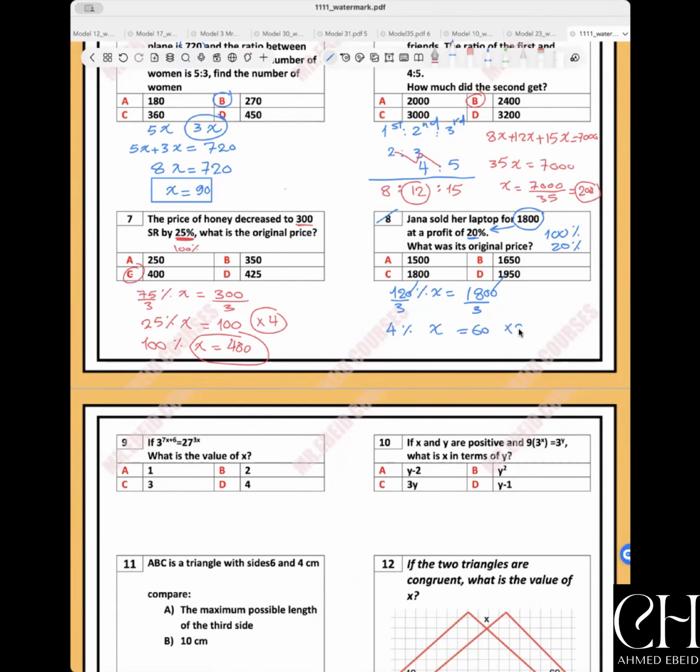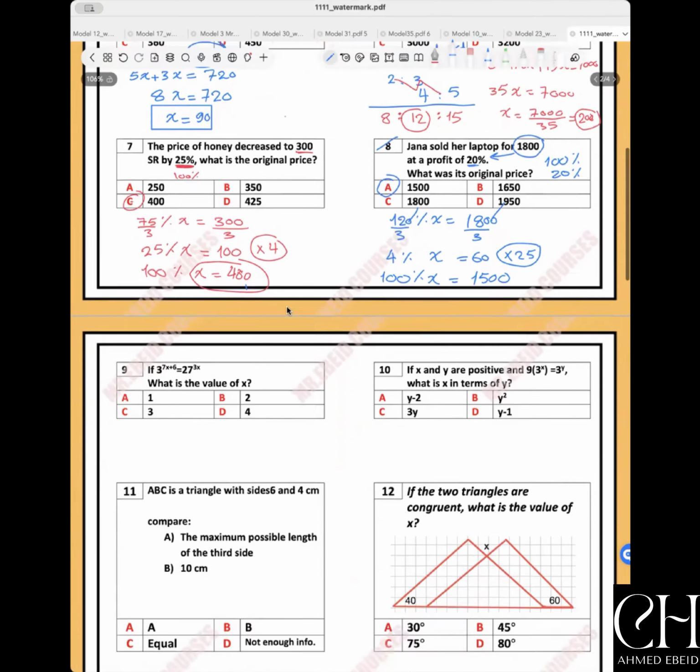Then multiply both sides times 25 to change 4 into 100. So 4 times 25 is 100% of x, equals 60 times 25, which equals 1,500. So the original price is 1,500.